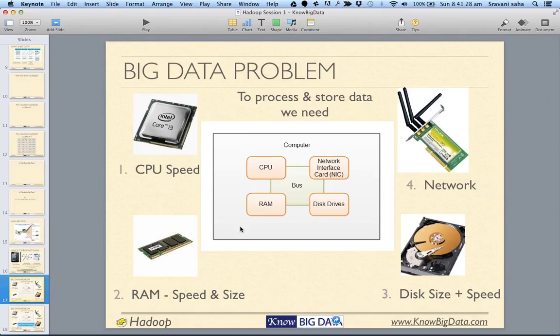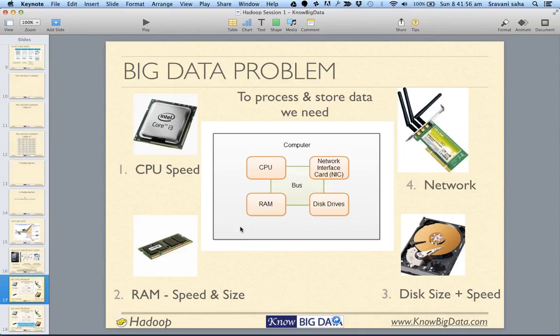Now, let's understand why we require distributed computing. What is it that becomes a bottleneck at one computer because of big data? Inside a computer, you can vaguely categorize things into four.